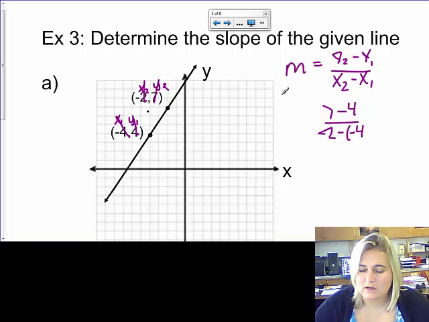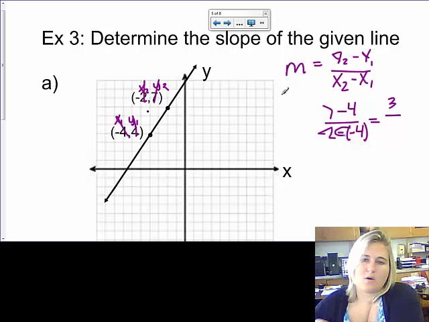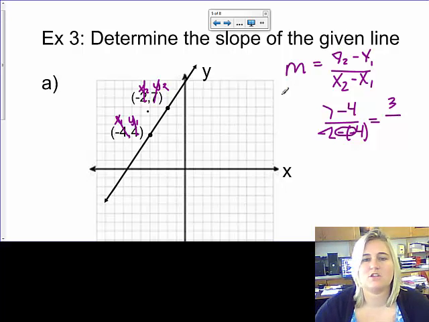So whenever I do this math, I have 7 minus 4, which is 3, over negative 2 minus the negative here gives me a positive. So negative 2 plus 4 is going to give me 2.